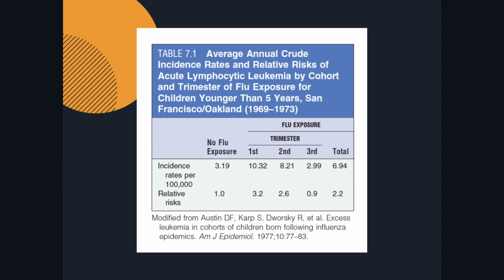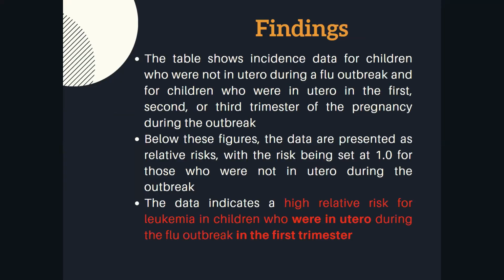The incidence rate per 100,000 for no flu exposure is 3.19. For first trimester, it is 10.32. Second trimester, 8.21, and third trimester, 2.99. And the relative risk for no flu exposure is 1.0. For first trimester, it is 3.2. For second trimester, 2.6. And for third trimester, it is 0.9.